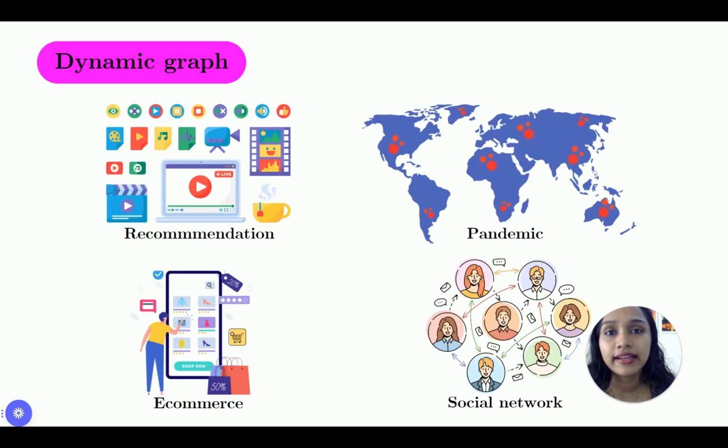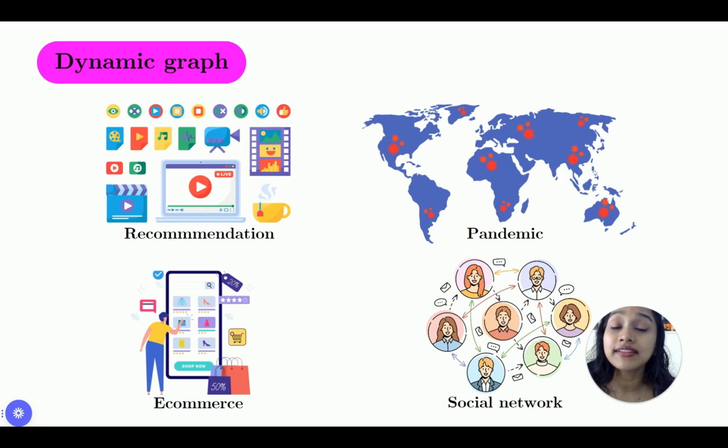Now coming to a dynamic graph, here we have some examples for a dynamic graph. You can see here movie recommendation platforms. It is a very good example for a dynamic graph. When we enter a movie recommendation platform, when a new movie is added to that platform, we are shown a recommendation for that. If that matches with our interest, then we are recommended that movie.